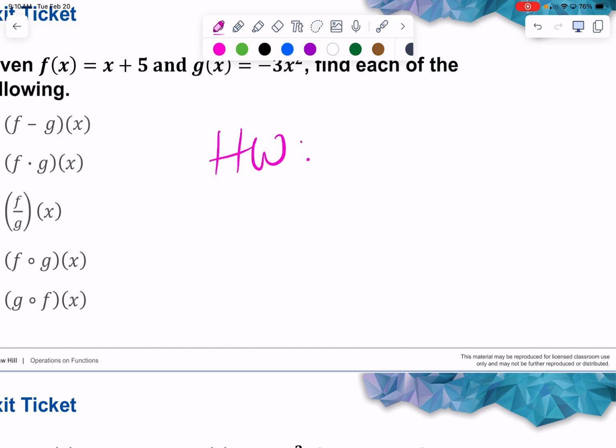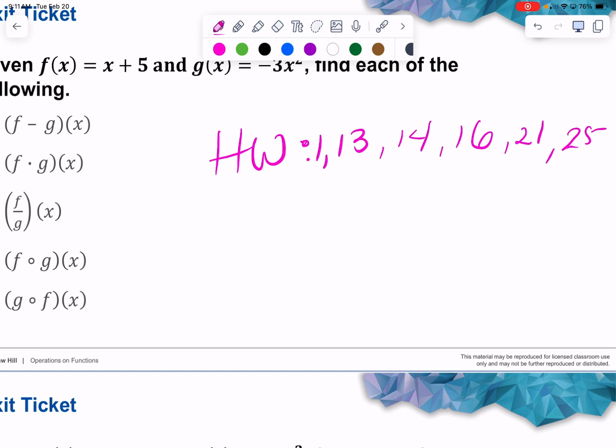Problems 13, 14, 16, 21, and 25. And then there's an additional problem at the beginning, which is problem 1.